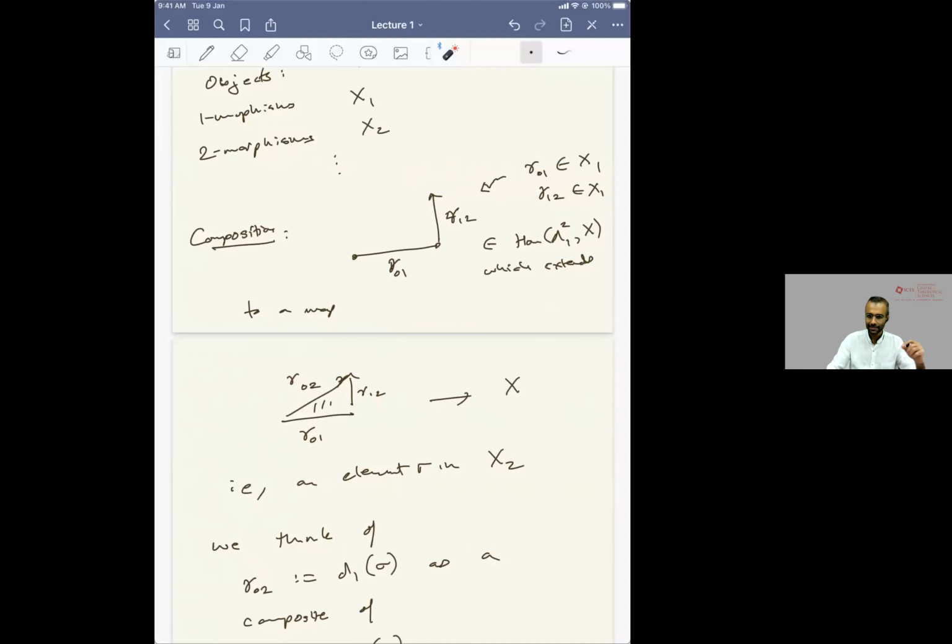But this two simplex sigma is like a two morphism, which witnesses the fact that gamma 02 is one possible realization of a composite of gamma 01 and gamma 12. That's how we think about it. So the composition is not defined on the nose, it's defined up to some ambiguity. But the set of all possible ways of defining a composite is contractible. So that ambiguity doesn't matter in the end.